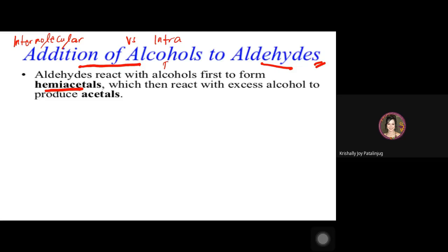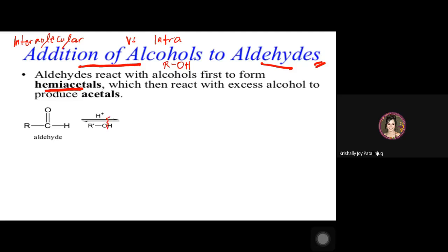Kung sa ganitong alcohol, ROH. Alright? Sige. So, sa general reaction, you have any aldehyde, for instance. Initially, we have the alcohol, diba? This is ROH.